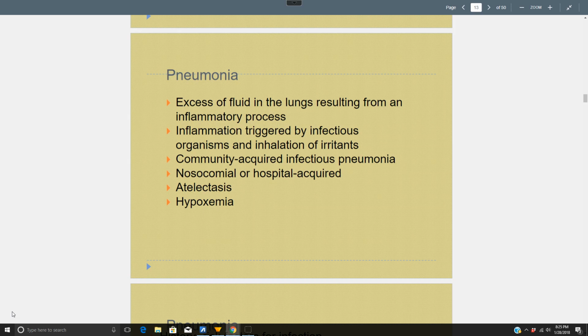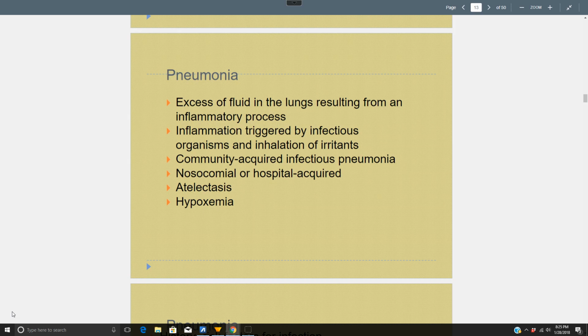People that have an altered level of consciousness, that recently aspirated something, or are patients that have trachs, endotubes, or even an NG tube, are also very prone to acquiring pneumonia, along with people that have poor nutrition and that are on mechanical ventilators. So those are some of the people when we look at the difference between community versus hospital acquired, okay?